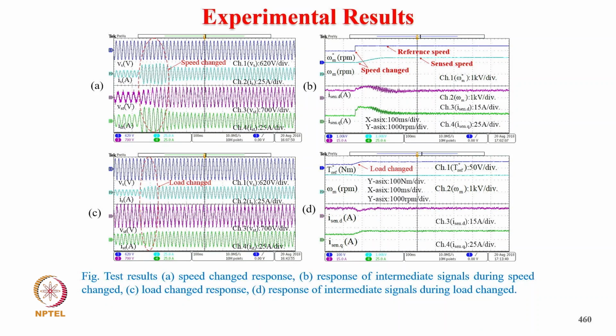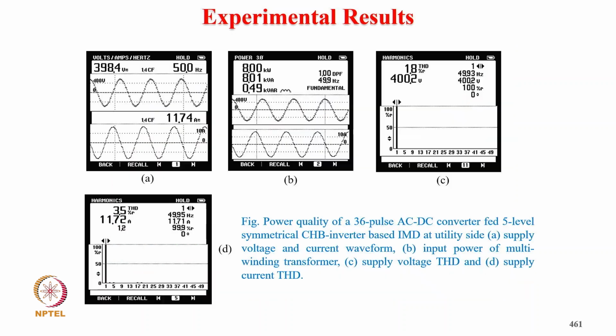And these are the supply voltage, supply current, and motor voltage, motor current during speed change, and the supply voltage, supply current, and motor voltage and motor current during the load change, and the intermediate signals: supply voltage and speed, reference speed, and the sensed speed, and the D and Q current of the control, and your reference torque, then speed, and the D and Q axis currents.